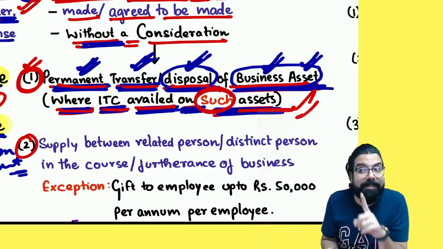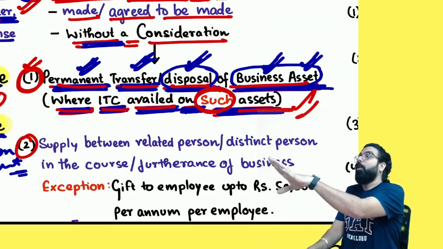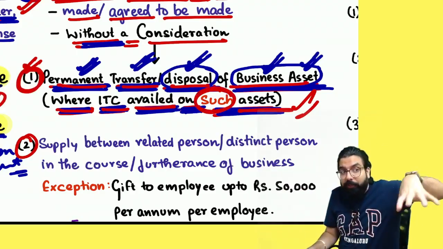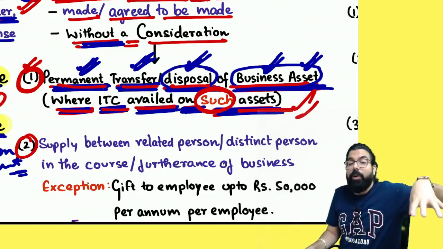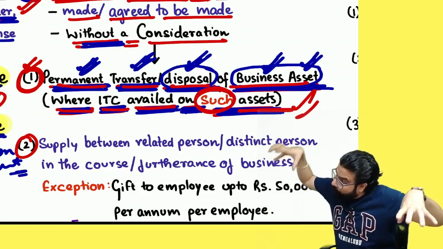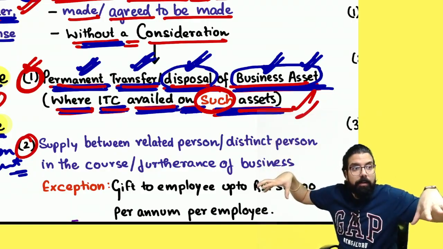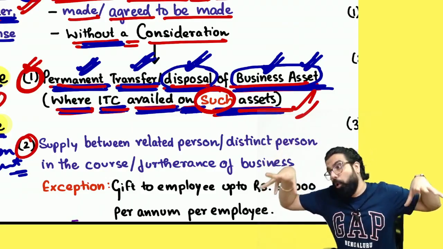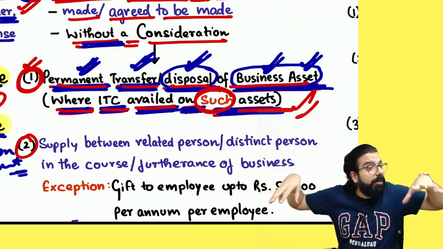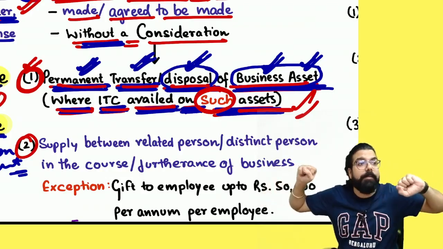What do you mean by such asset? Listen. What you gave free, you should have taken ITC on that item only. Only then it will be a supply. You took ITC on what? Cloth. Given free what? It is not a supply.